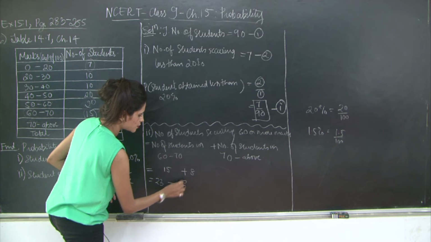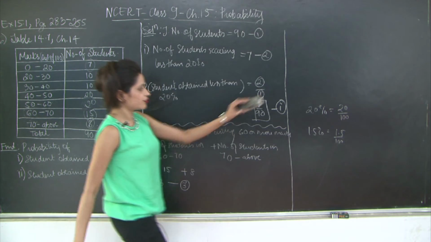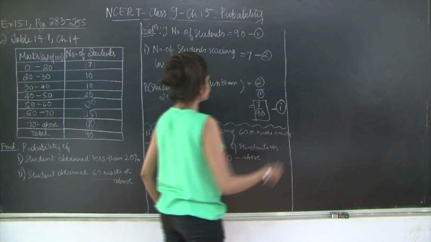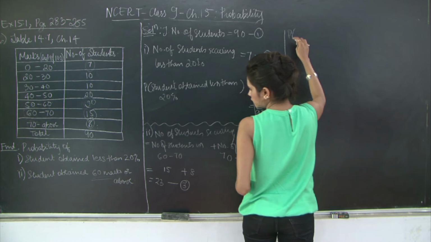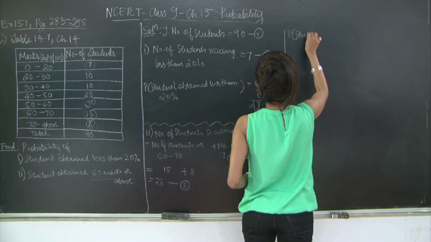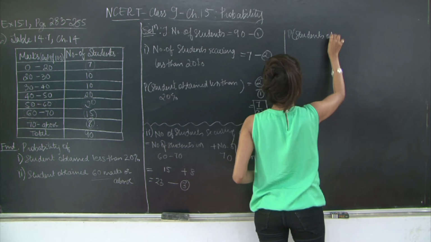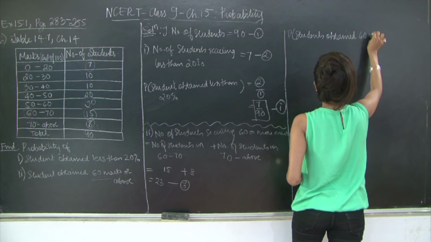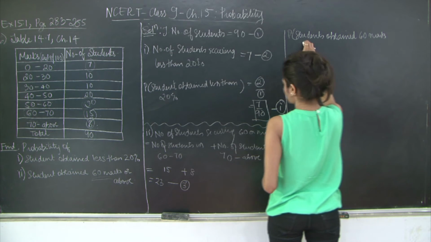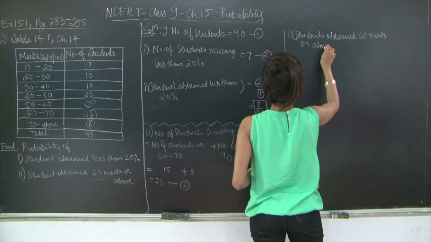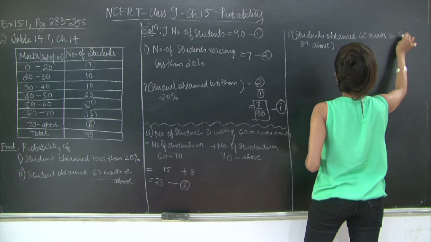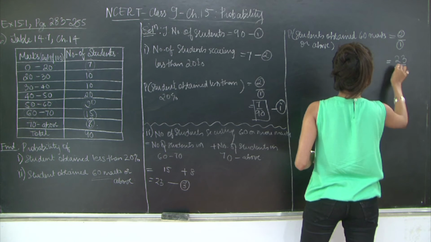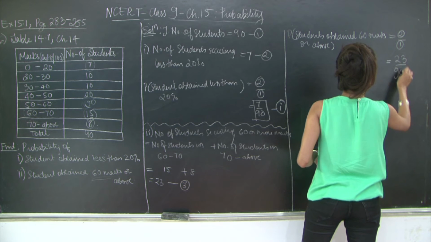Let's mark this as equation number 3. So the probability would be 3 divided by 1, which is 23 divided by 90. Let's write this down. The probability of students obtaining 60 marks or above is equal to equation 3 divided by equation 1, which is 23 by 90.